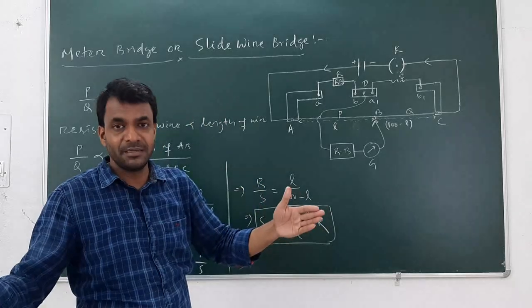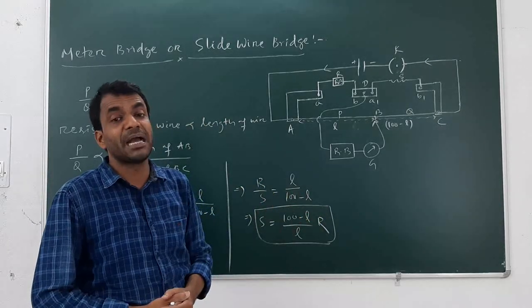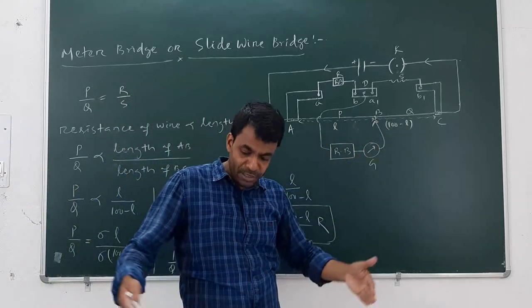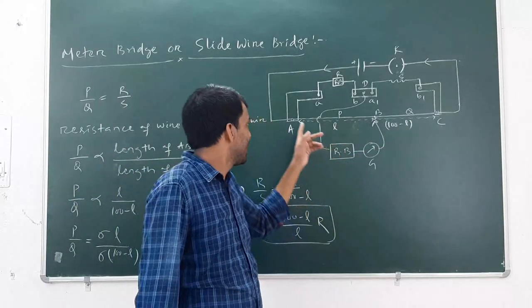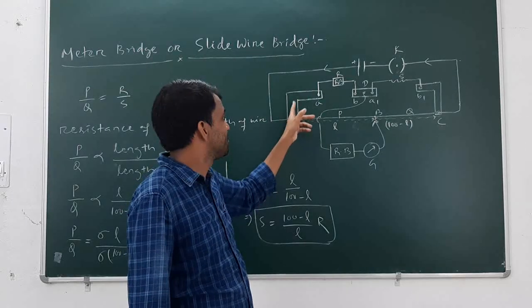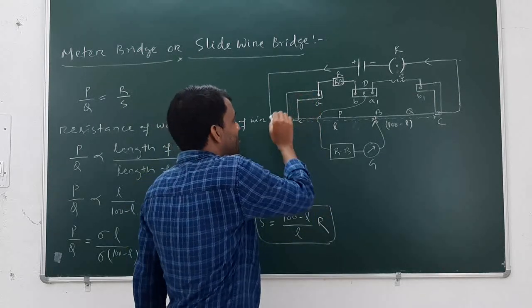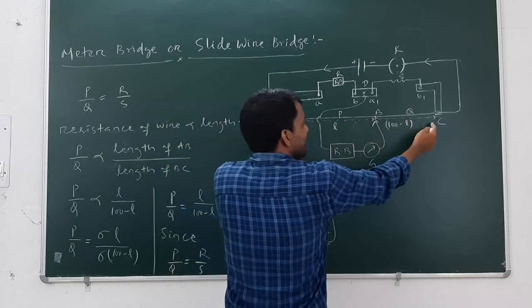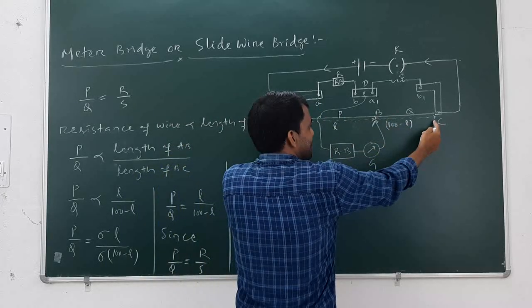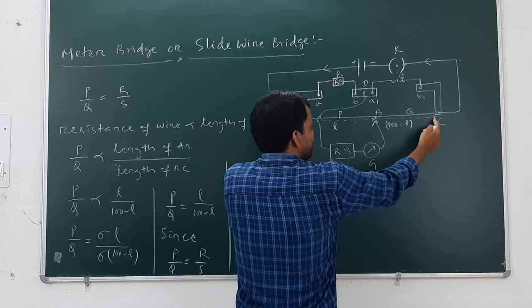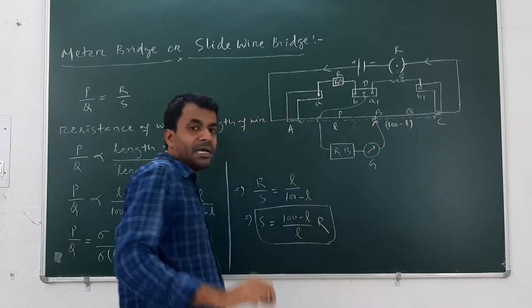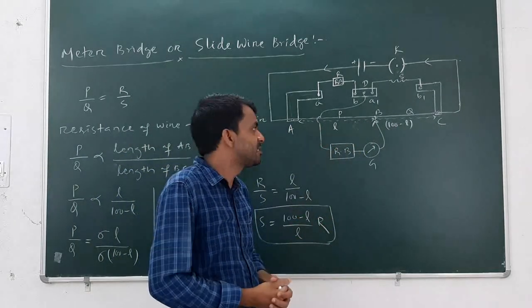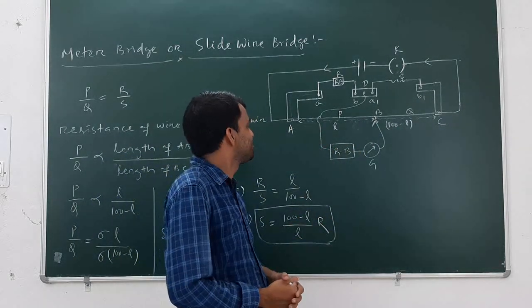The 1 meter wire is made of manganese wire, and it is fixed on a wooden board at the two ends of copper strips. This is a copper strip, this is a copper strip, and this is another copper strip. A wire AC, whose total length is 1 meter, meaning 100 centimeters, is fixed by two screws. Here it is fixed tightly.